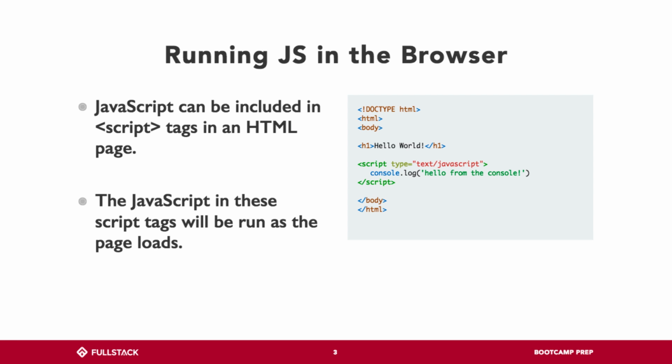So be cognizant of what's available on the page and what you're trying to do with it. It's kind of like a race condition in JavaScript: if you call a variable before it's defined or before you give it a value, you're going to get errors. Same thing here. If you load up JavaScript that tells it to do something on the page and the page isn't ready yet, you're going to get errors.